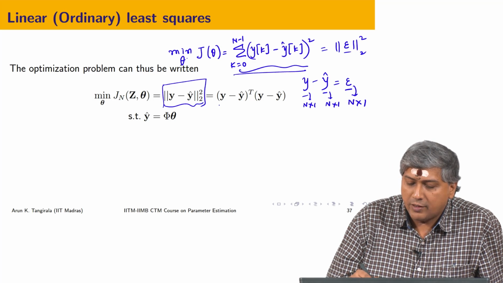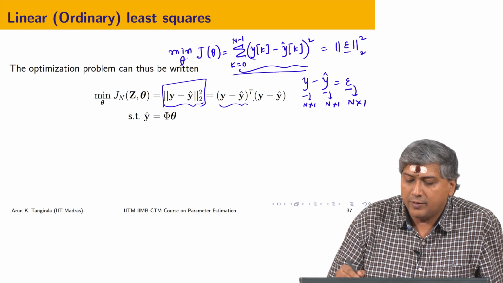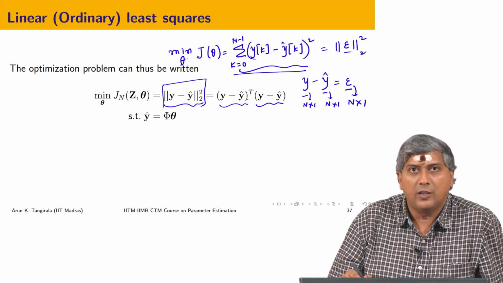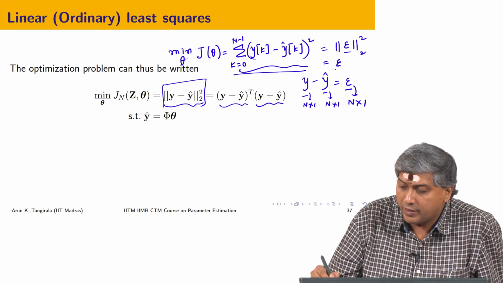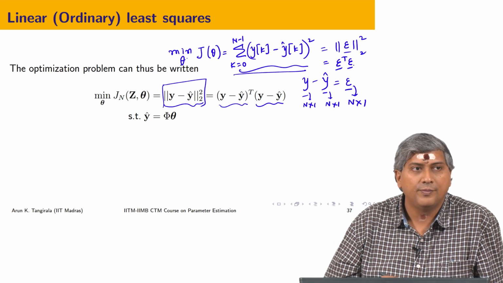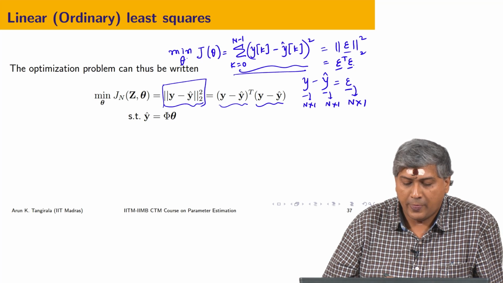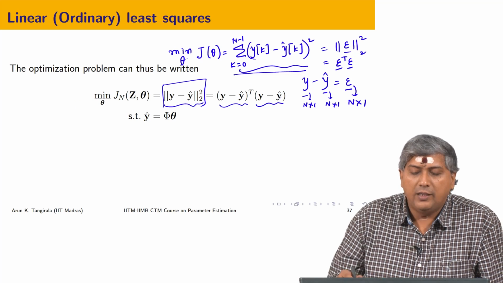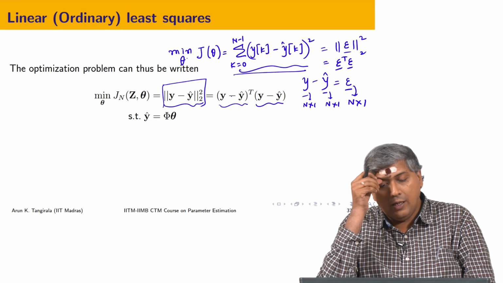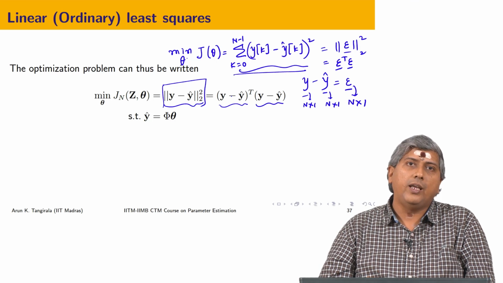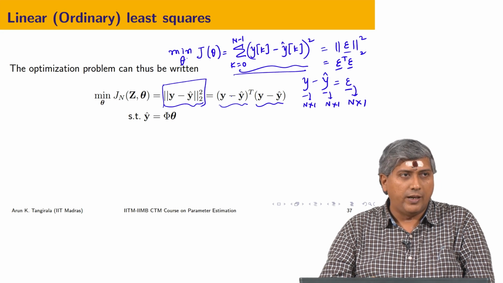We can also write squared 2 norm as a product of the transpose of that vector times itself. In other words, I can write this as epsilon transpose epsilon, that is also possible. Fine. So, I have written the optimization problem this way, because this is a standard way in which optimization problems are written.